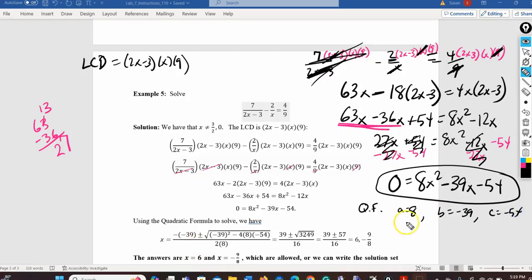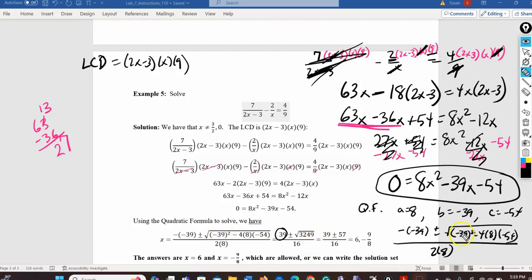So it's going to be negative B plus or minus the square root of B squared minus 4 times A times C. And you just have to be very careful with your signs, negative signs here, all over 2 times A. Okay, so this is where you get the positive 39 here, the negative signs cancel.